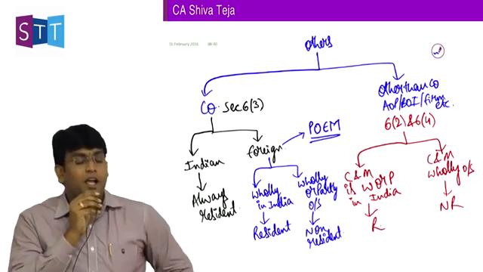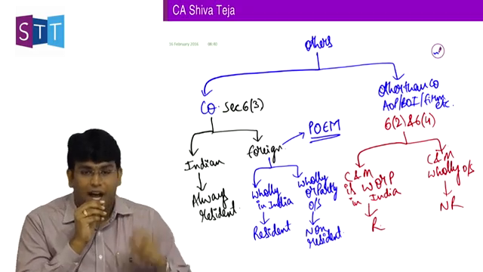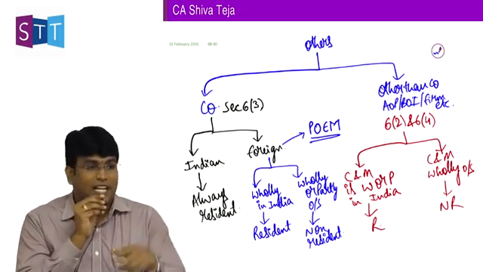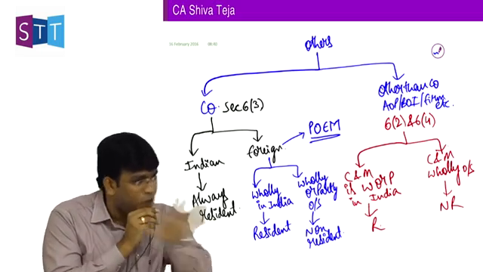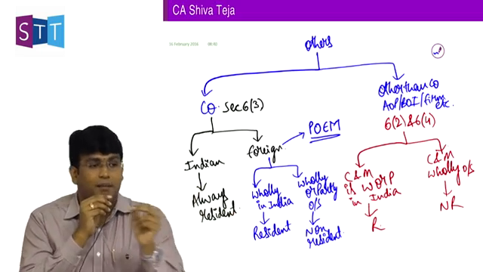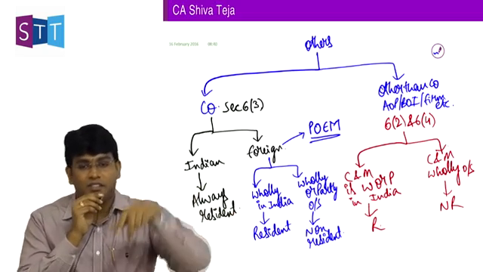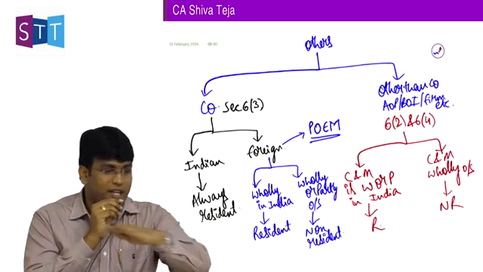Please concentrate. Friends, for resident status purposes, we classify individuals and HUF into 3 categories: ROR, RNOR, NR. Others we classify only in 2 categories, R and NR. There is no RNOR concept for them. For an individual, we have basic conditions given by section 6(1), and additional conditions by 6(6). If you satisfy any one basic condition, you are called resident. If you don't satisfy any, you are non-resident. Story is done.